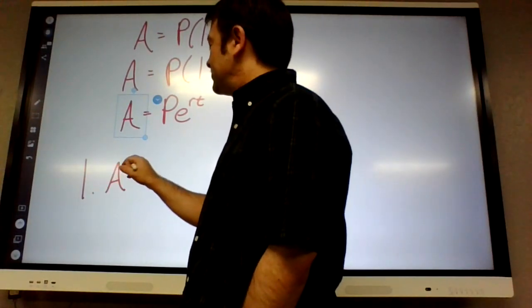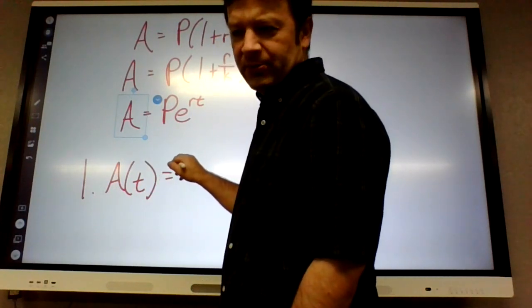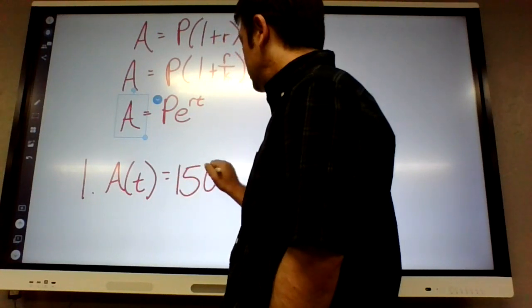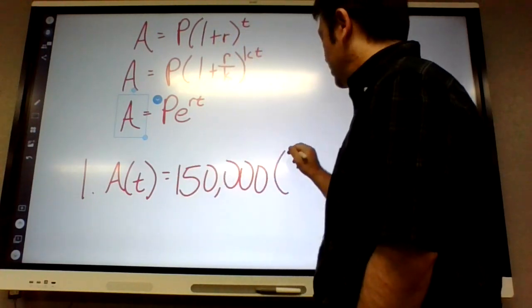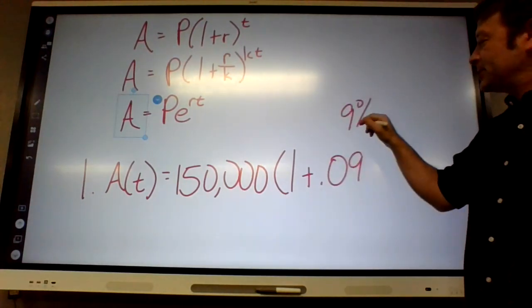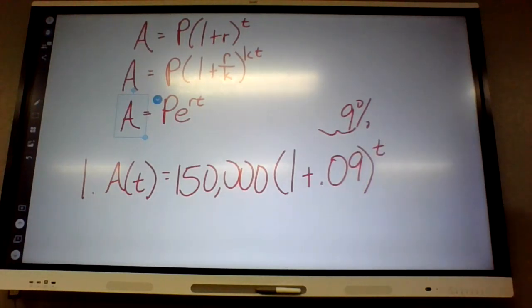So the book uses function notation like A of t. We're starting with 150, and we're increasing by 9%. Remember to move the decimal twice, so 9% becomes 0.09. Or you could just put 1.09 in the parentheses.